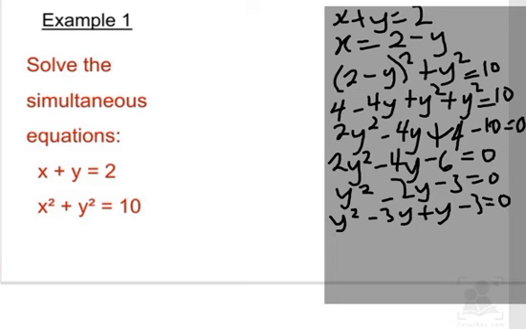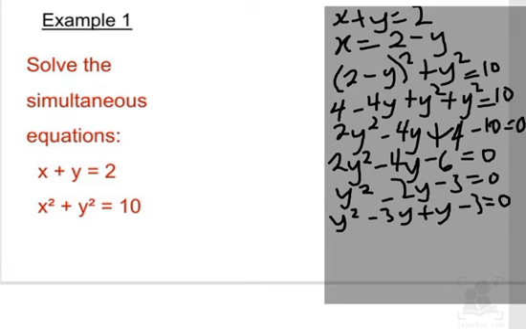With what I have here, looking at what we have, two pairs, I'm going to group them in pairs and factorize each pair. So y squared minus 3y, then y minus 3.